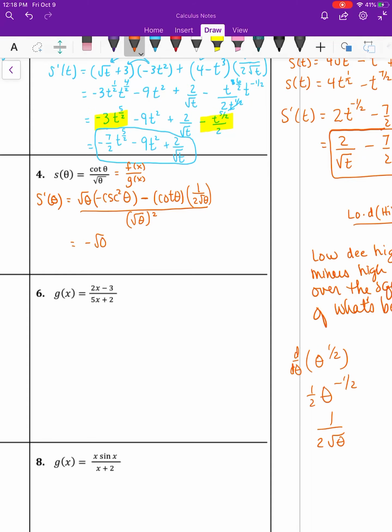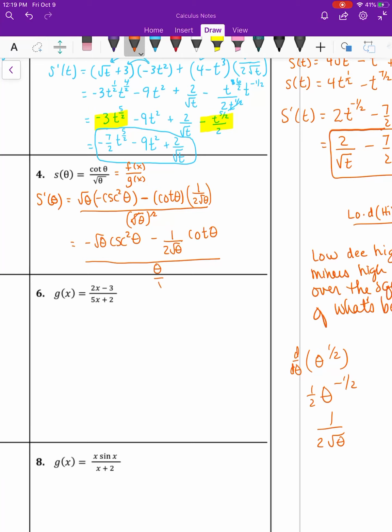So negative square root of theta cosecant squared theta minus, now this is where things get a little bit complicated because you have a complex fraction. And this is just theta, okay?